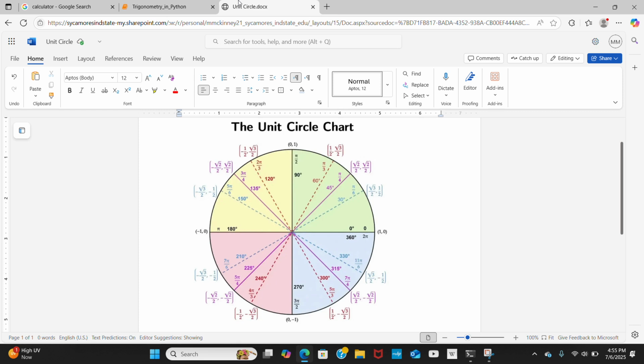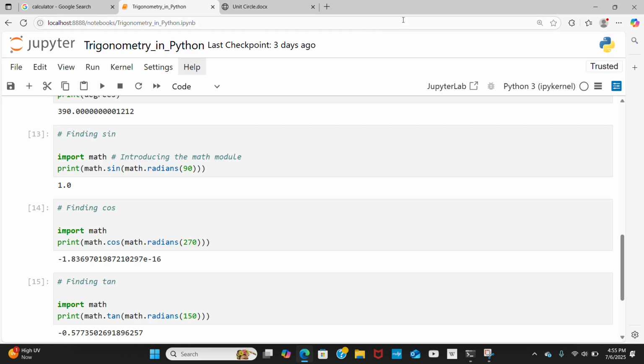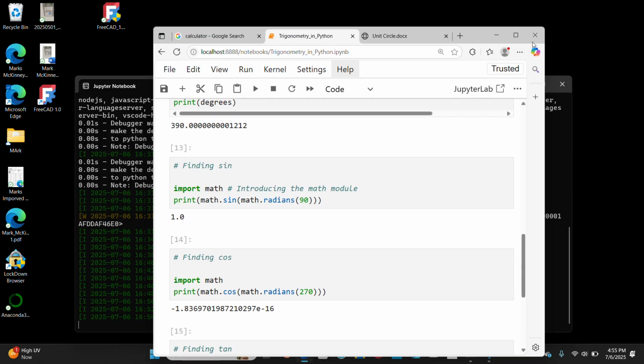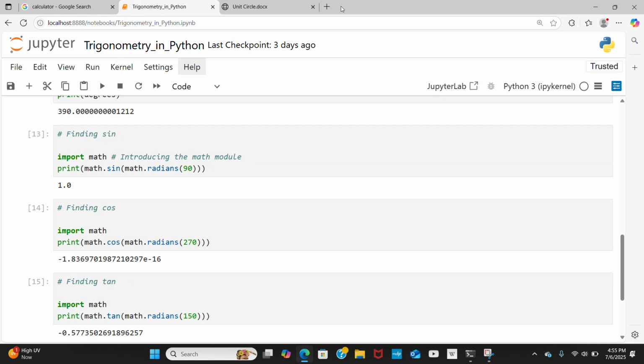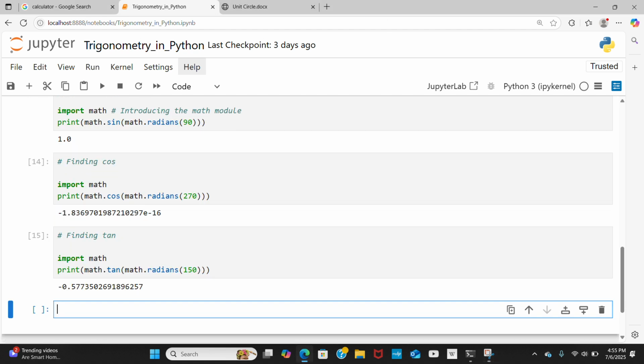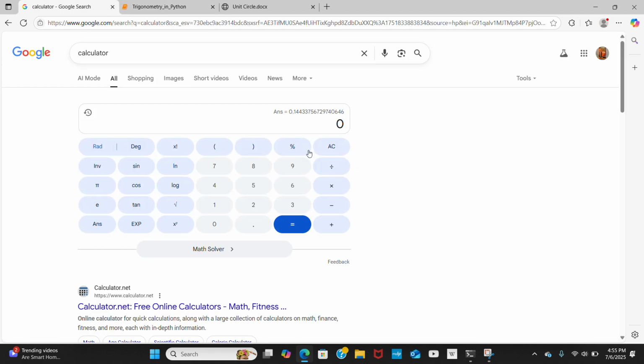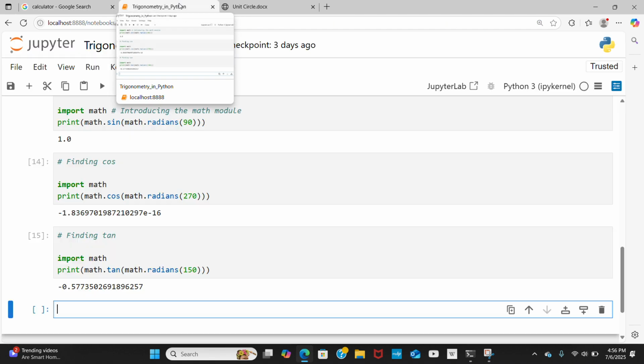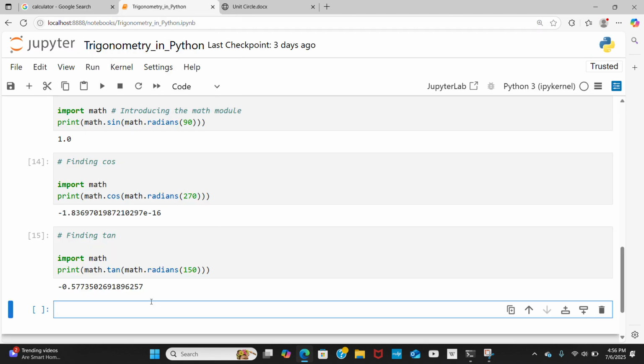I have the right number, it's just that the calculator can't read my work. You have to type it exactly the same way.